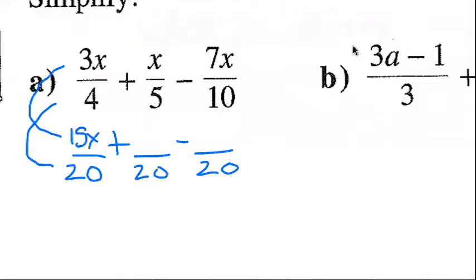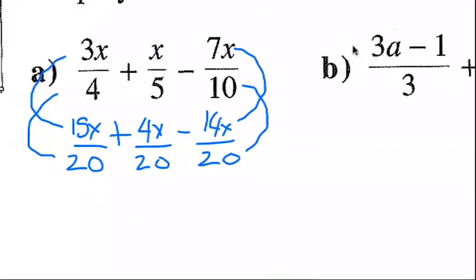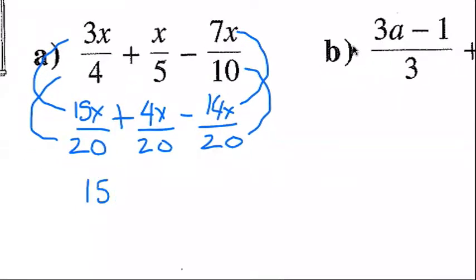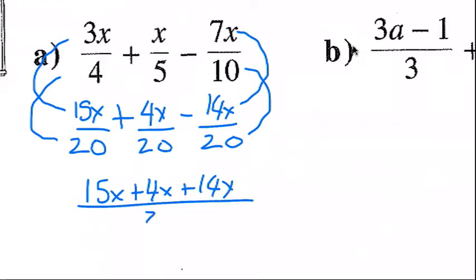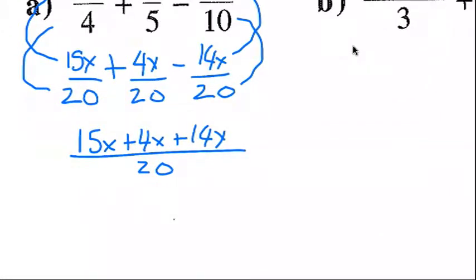I multiply 5 by 4 to get 20, so x times 4 is 4x. I multiply 10 by 2 to get 20. 7x times 2 is 14x. Now I'm going to go 15x plus 4x plus 14x all over 20.